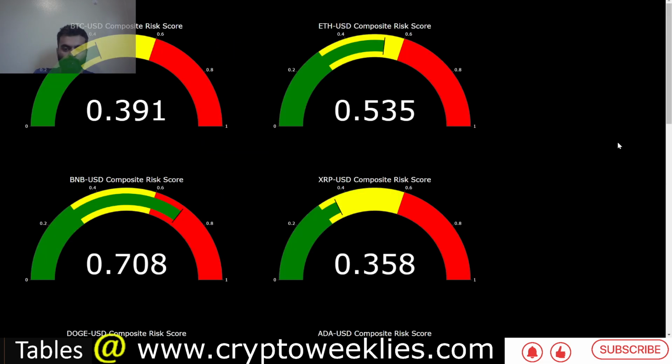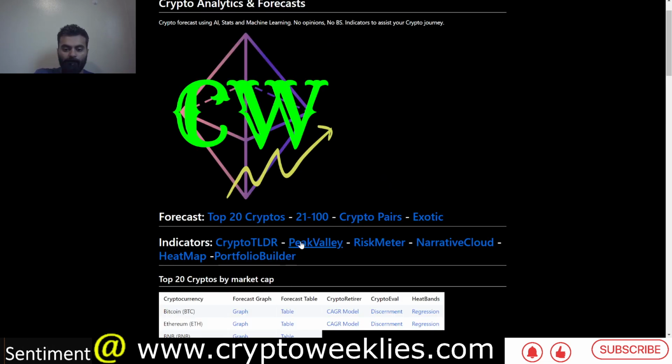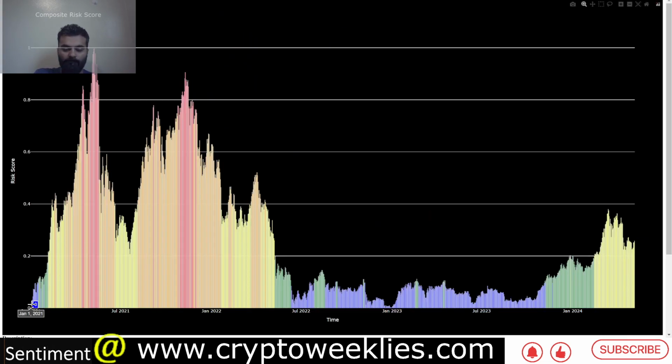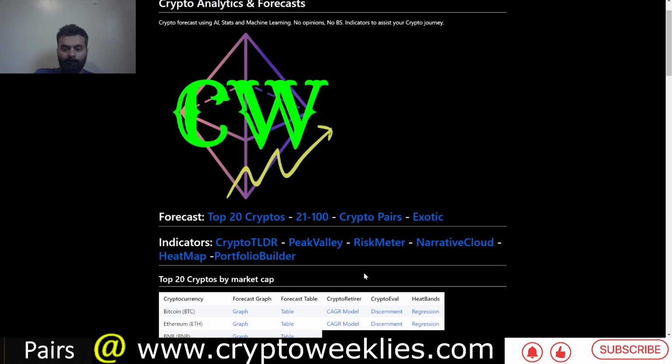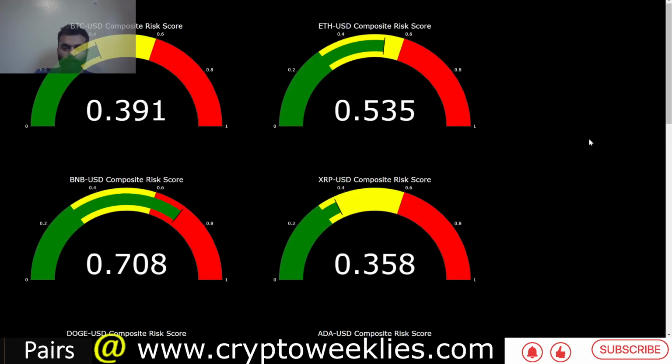Risk meter is our individual crypto at a time, and as the PeakValley looks at data from January 2021, the risk meter looks at data since November 2017. So this is older cryptos.